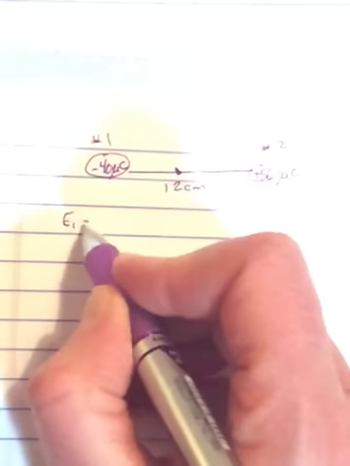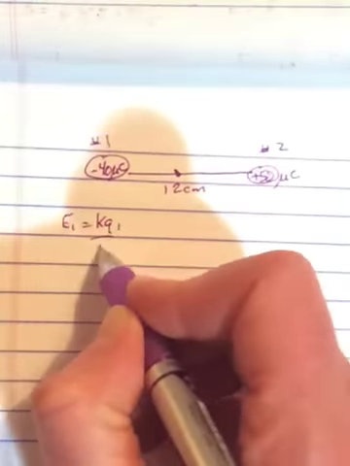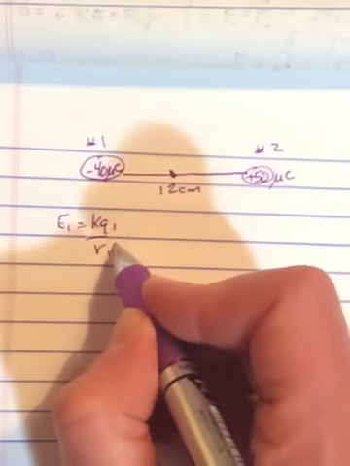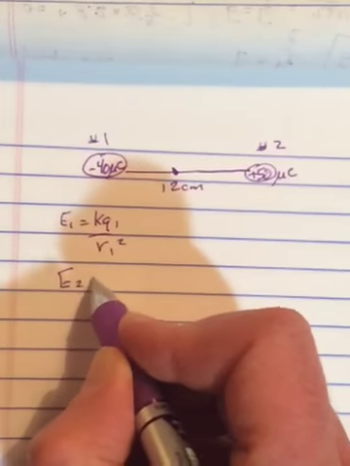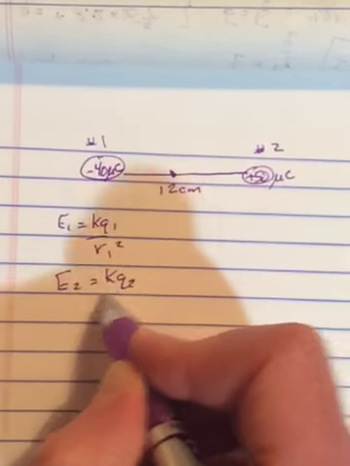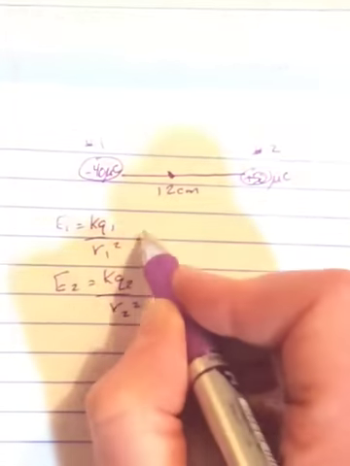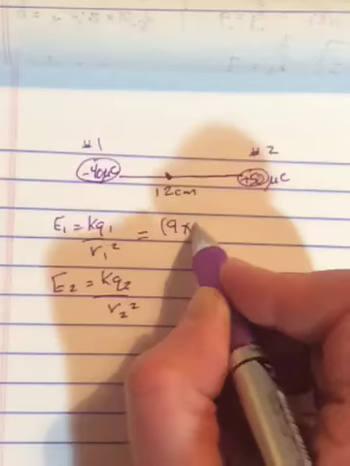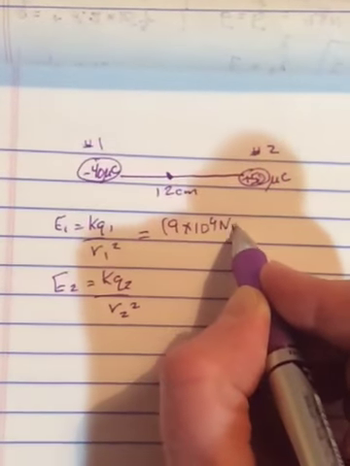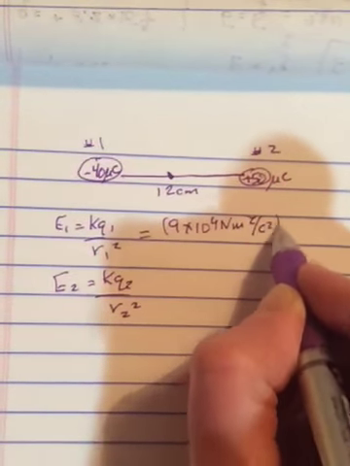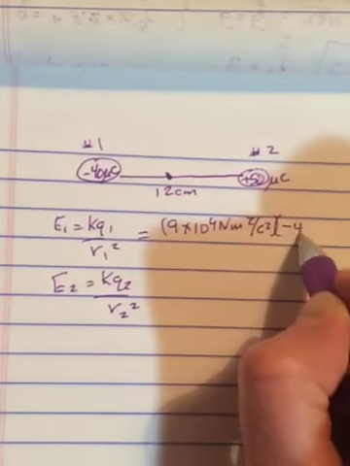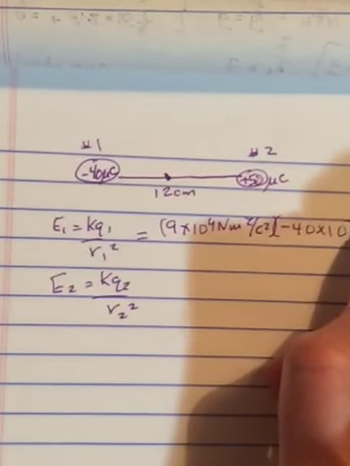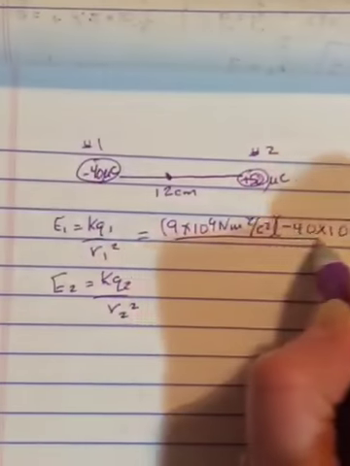And you can do this. So E1 is equal to KQ1 over R1 squared, and E2 is equal to KQ2 over R2 squared. So 9 times 10 to the 9th newton meters squared per coulomb squared. Q1 is negative 40 times 10 to the negative 6.